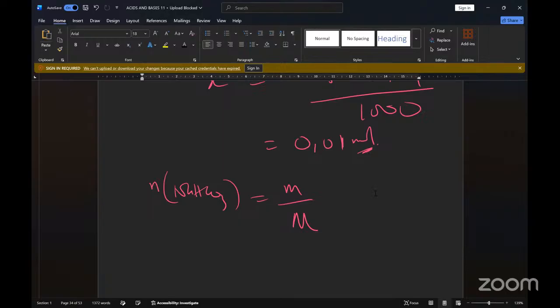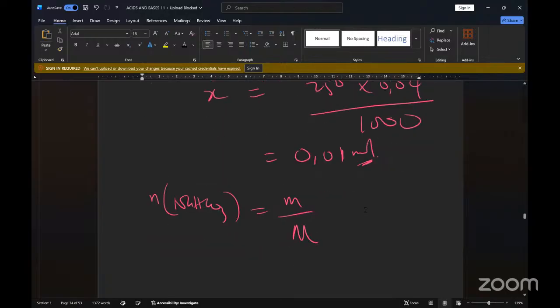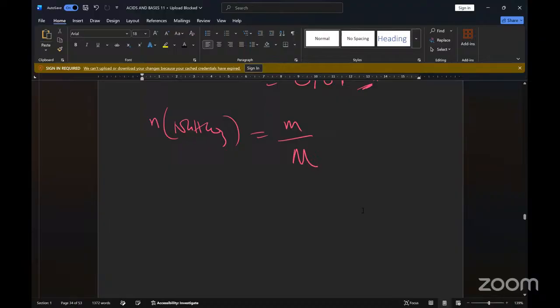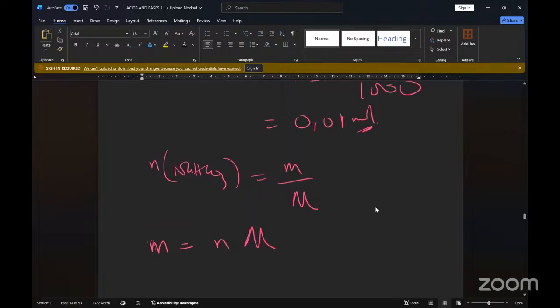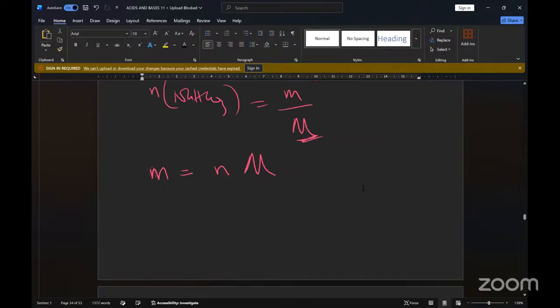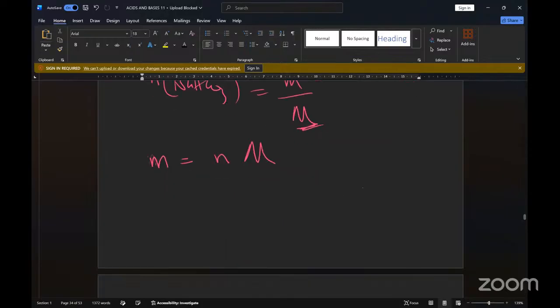So we make mass the subject, because the question says what mass? Therefore our mass becomes number of moles times molar mass. The number of moles we have already calculated here, so what we need is to calculate the molar mass of sodium hydrogen carbonate.